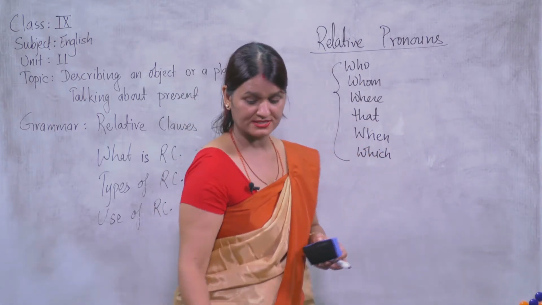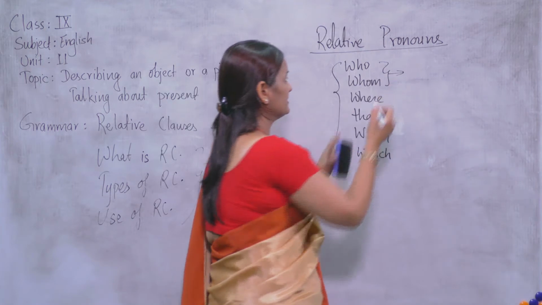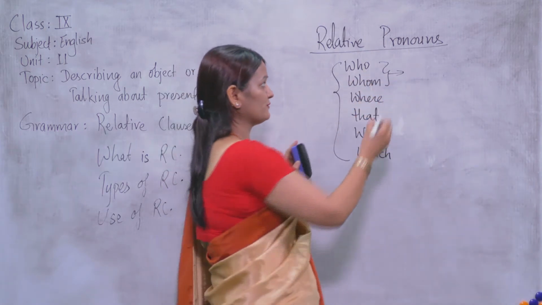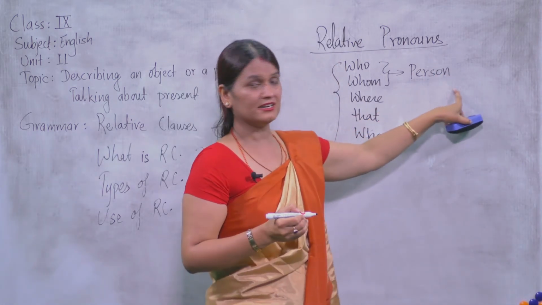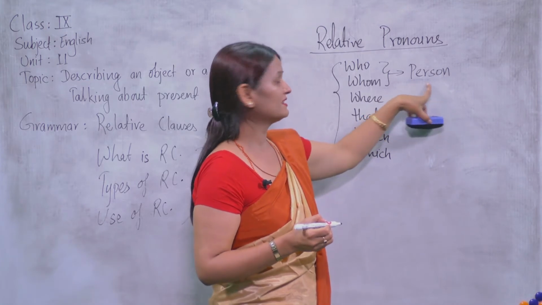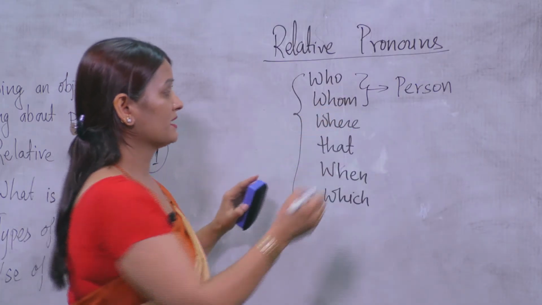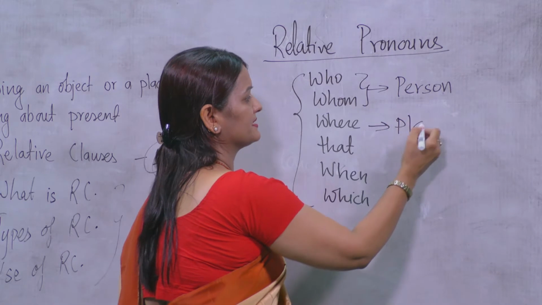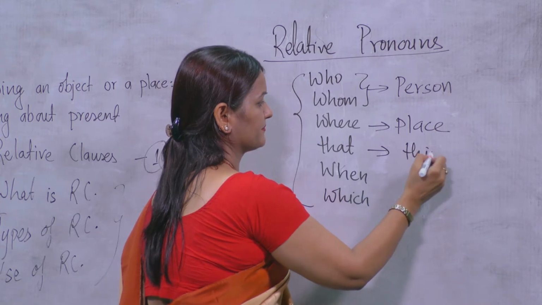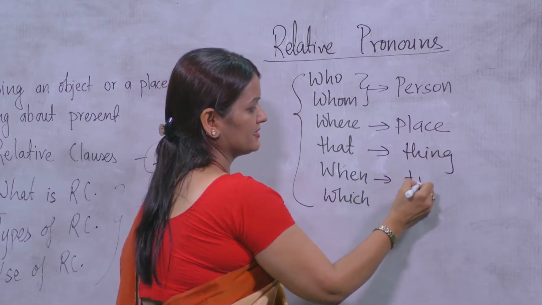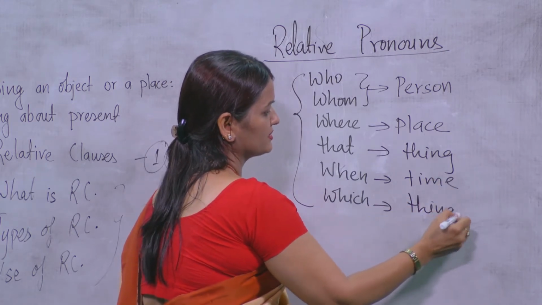where can we use these relative pronouns? Just like you see here on the board, who and whom we can use for a person. When the noun is a person or people, then we use who or whom. Where is used for place, that is used for thing, when is used for time, and which is also used for thing or situation.